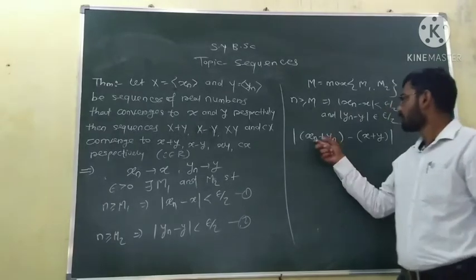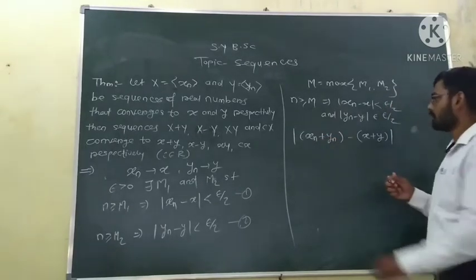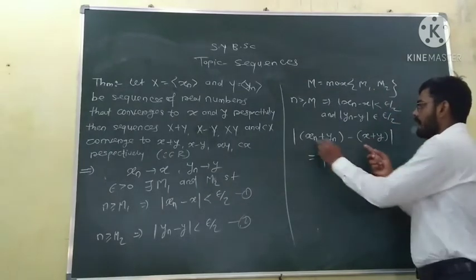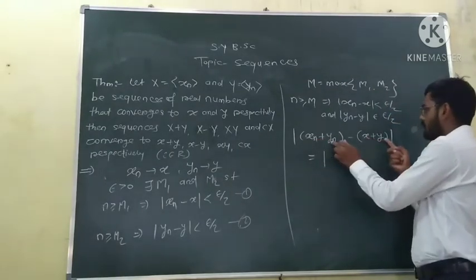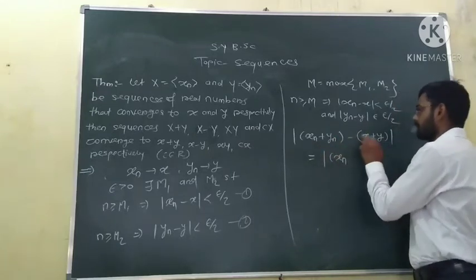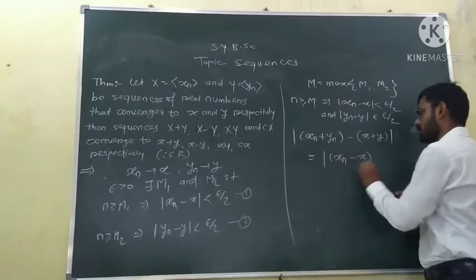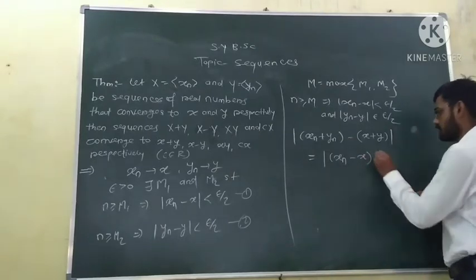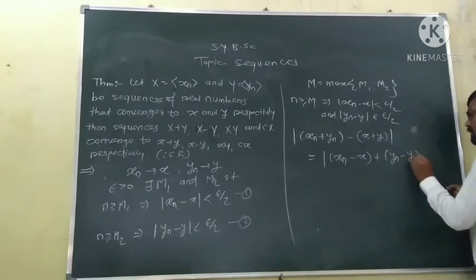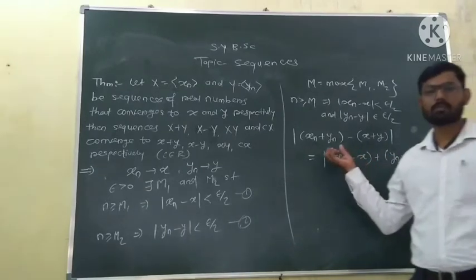We can write this as, just take xn and x in one bracket and yn and y in one bracket. So we can write this as xn minus x plus yn minus y. Okay, next there is some small arrangement.